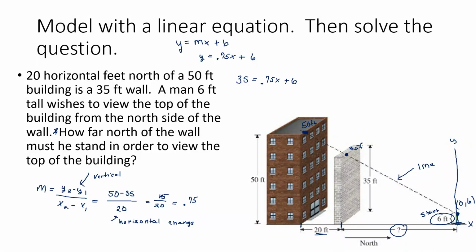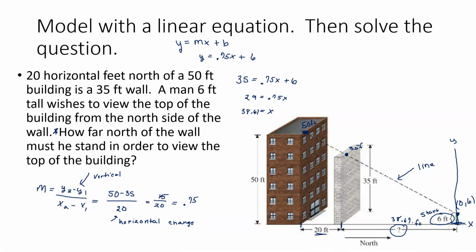That's the equation. And the x here will tell me a horizontal distance, which is what I want to figure out. So I go ahead and subtract 6 from both sides. So 29 equals 0.75x, and divide by 0.75. X is equal to 38.67. So how far are these away? Well, 38.67. And that would be in feet, because the problem is in feet.